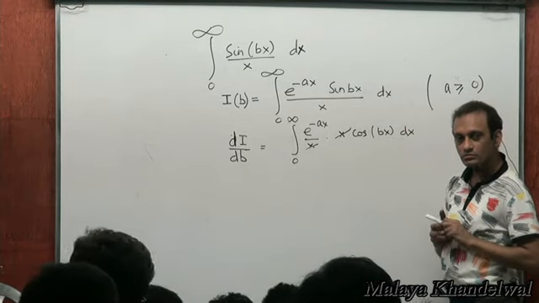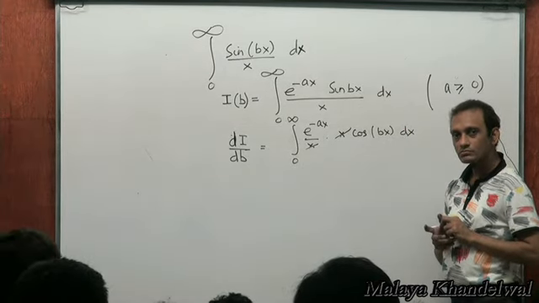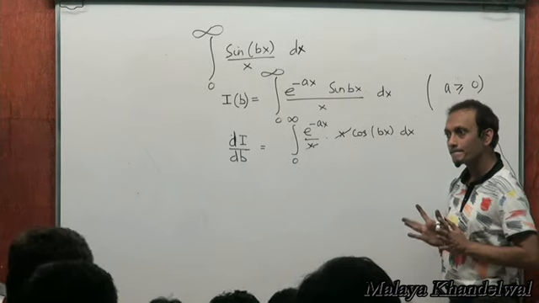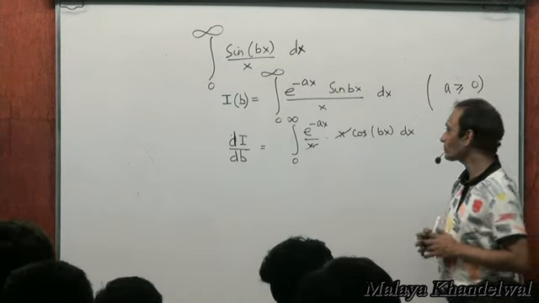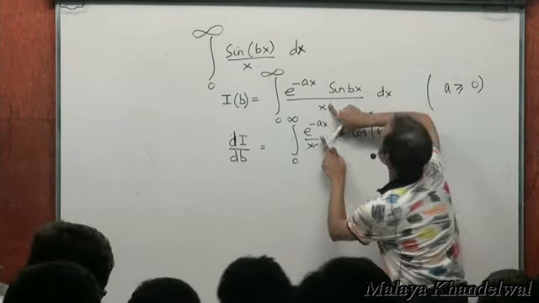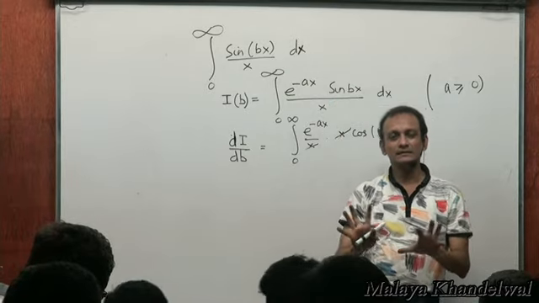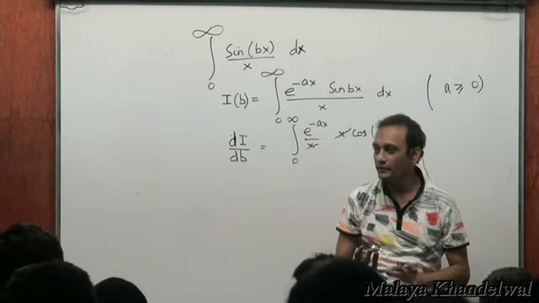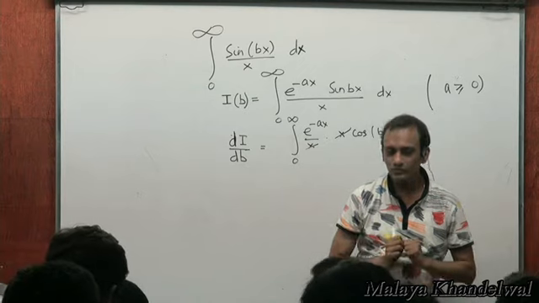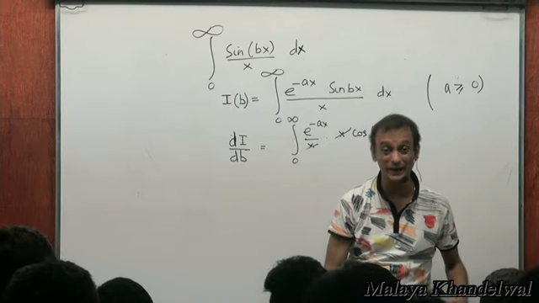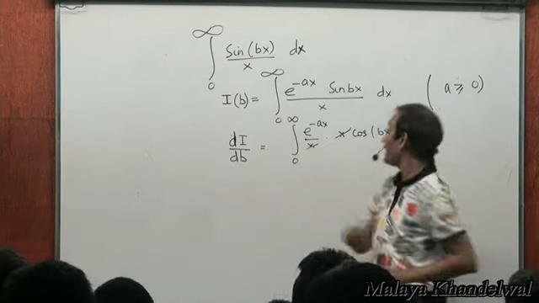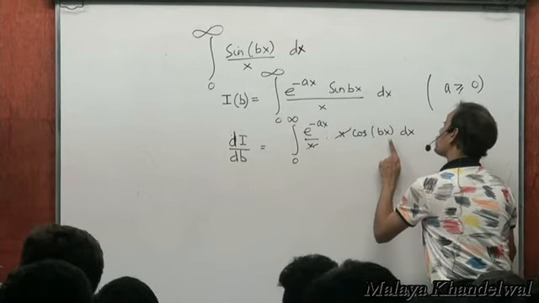Yes or no? Right? So the x that was sitting in the denominator acted like a thorn. We've been able to dump the x in the denominator by differentiating with respect to b. And we've got e power minus ax cos bx.